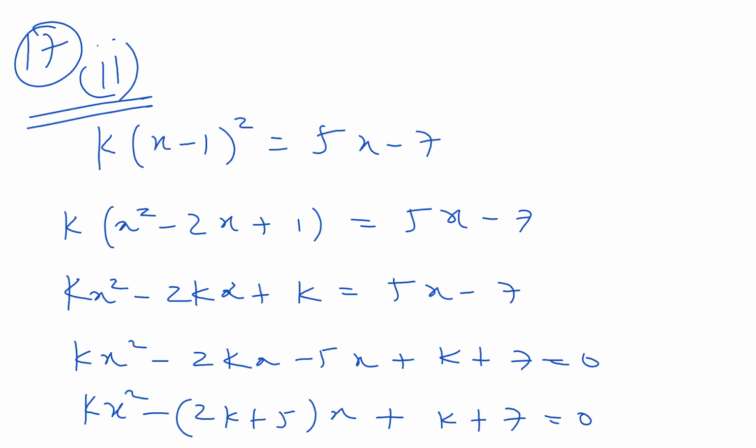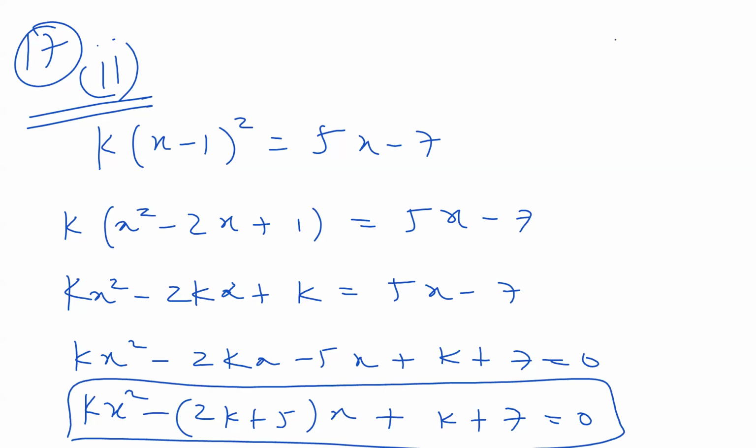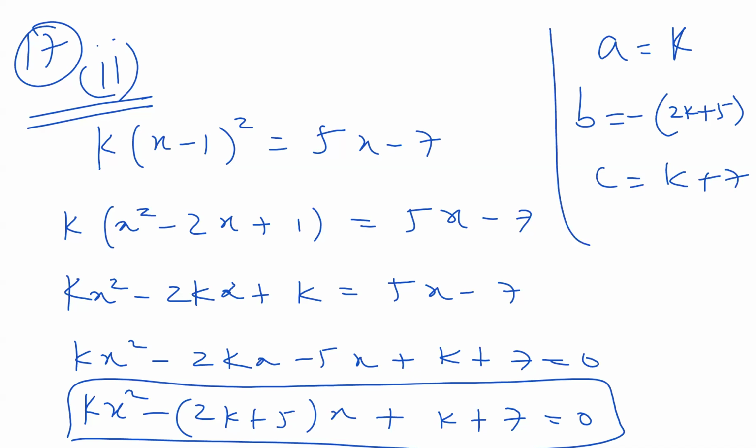So we have got this particular format of ax square plus bx plus c is equal to 0. A is equal to k, b is equal to minus (2k plus 5), c is equal to k plus 7. These are the values of a, b, and c.